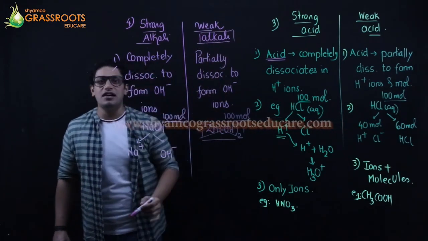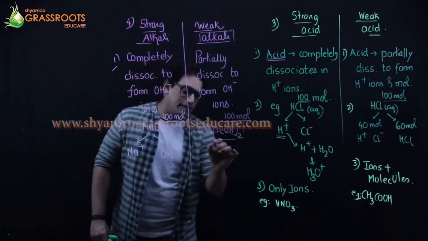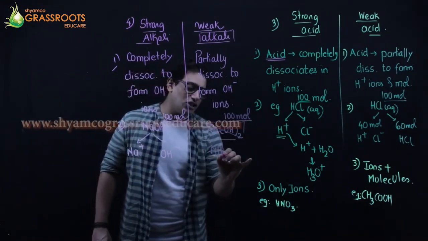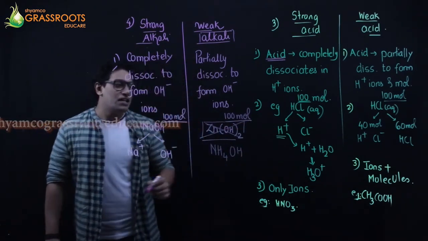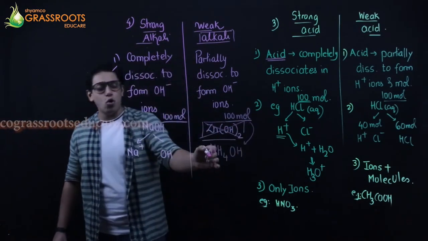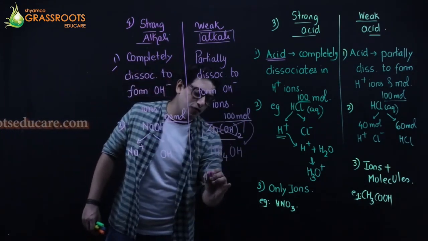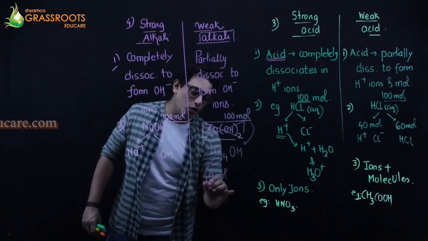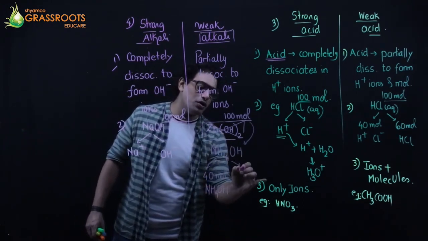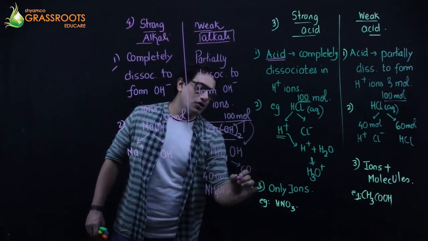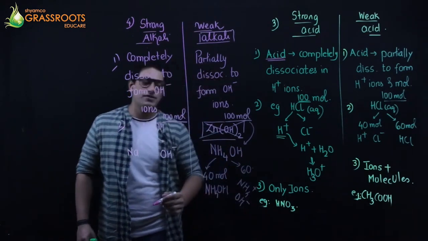Alkali, what is an alkali? They are soluble in water. Come on. So the example I should give is NH4OH. This is a weak alkali. If there are 100 molecules of ammonium hydroxide, let's say there will be 40 molecules of ammonium hydroxide and there will be 60 broken ions of NH4 plus and OH minus.